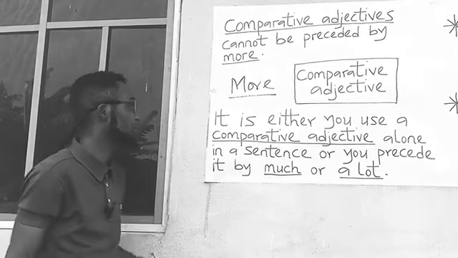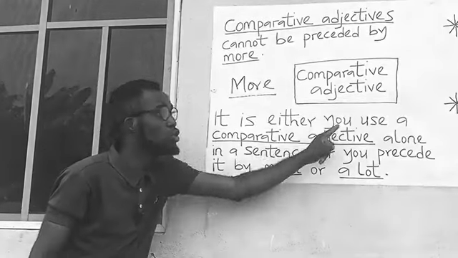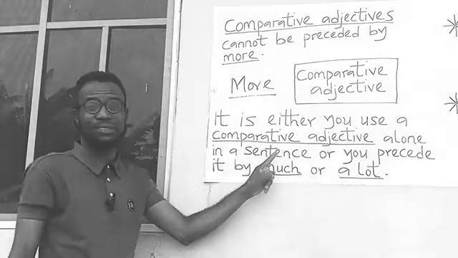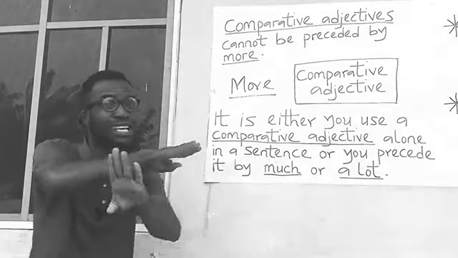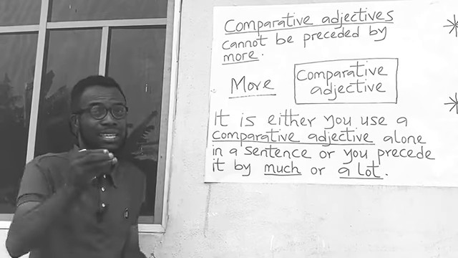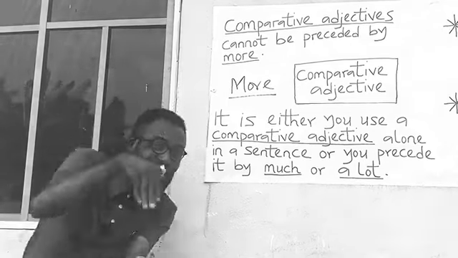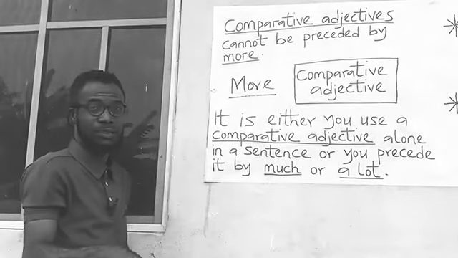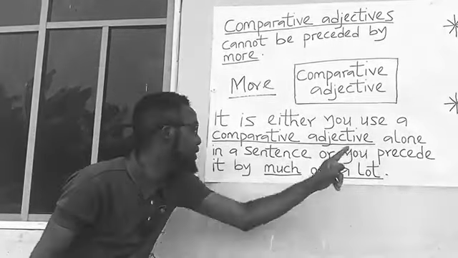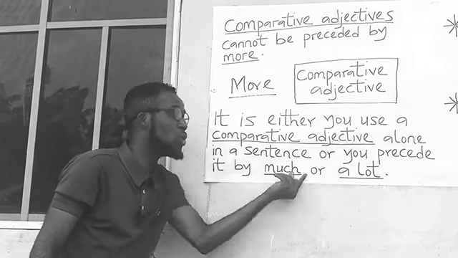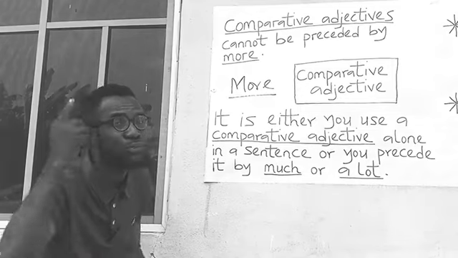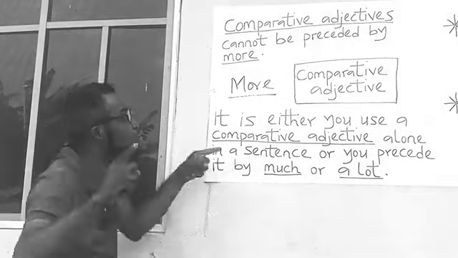Let me help you. It is either you use a comparative adjective alone in a sentence, the way it is, or you precede it by much or a lot. If you must precede a comparative adjective by something, it shouldn't be more.